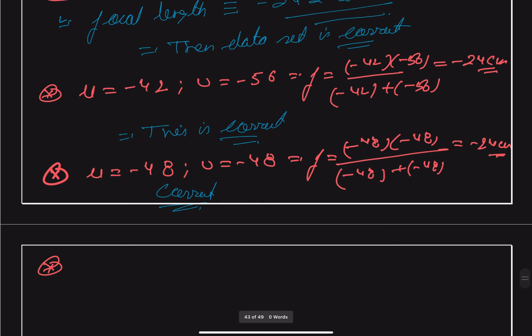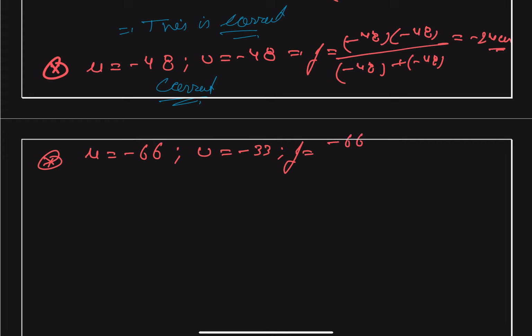So we have u equal to minus 66 and v equal to minus 33. So we get f equal to minus 66 times minus 33 divided by minus 66 plus minus 33, and this comes as minus 22 centimeters. So obviously it doesn't lie in the range, so this is incorrect.